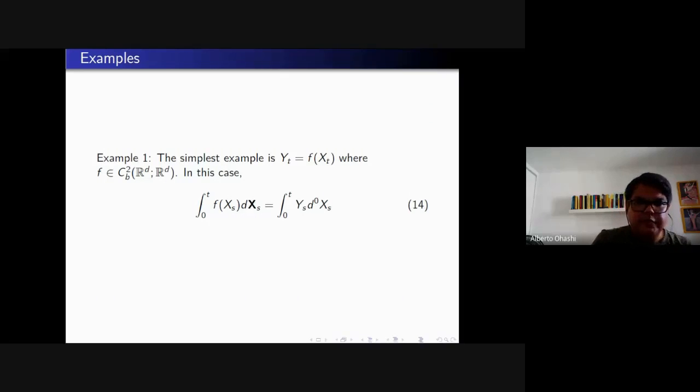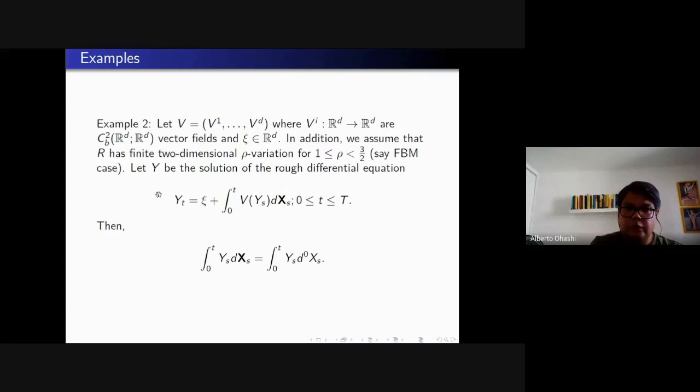So let me give a couple of examples. The simplest example is when you consider f a C2 function with bounded derivatives. In this case, the rough path integral coincides with the Stratonovich integral.